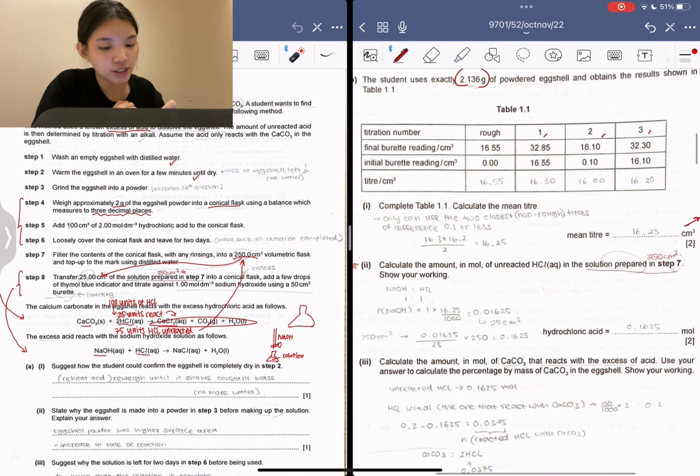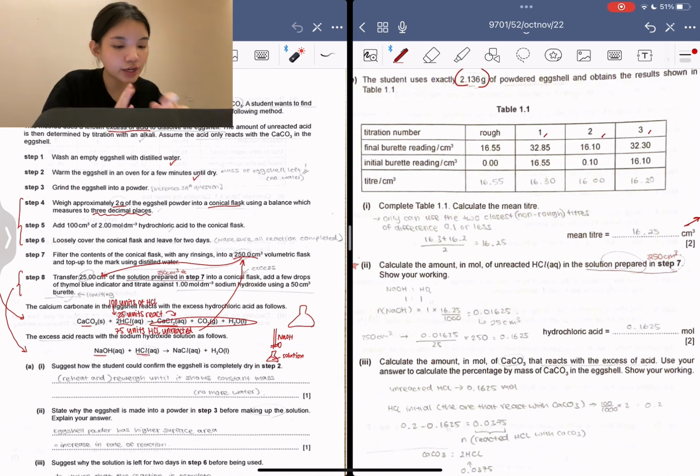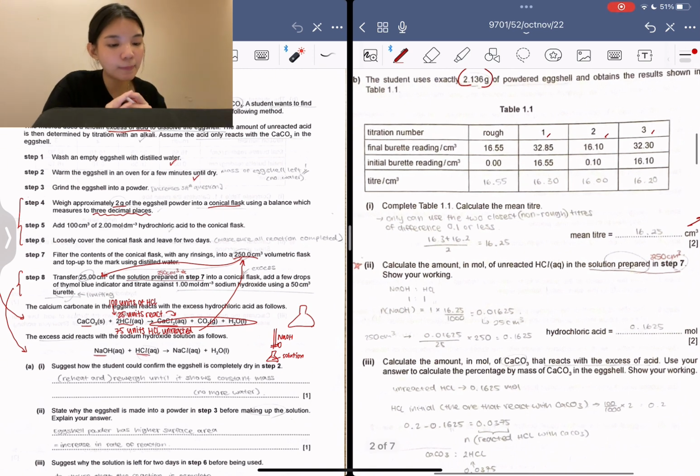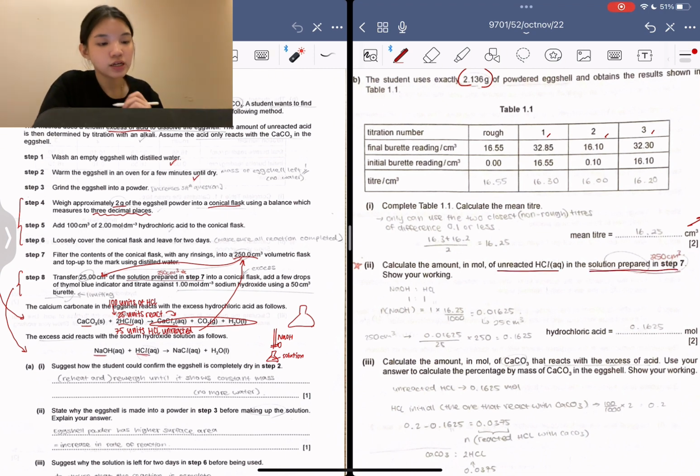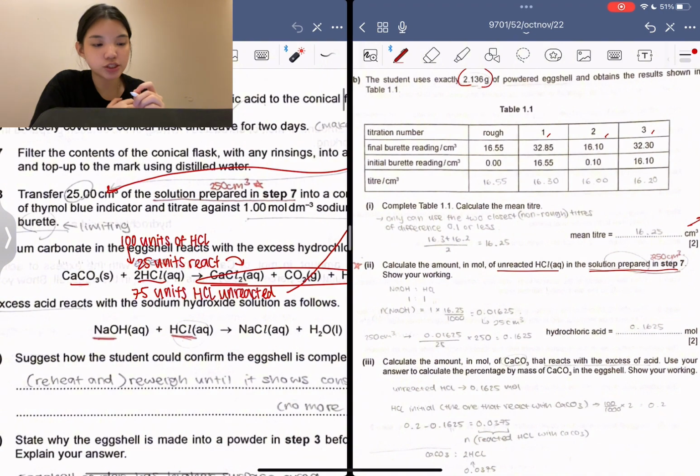Okay, next question, part II. This is a rather tricky one. Calculate the amount in mole of unreacted HCl in the solution prepared in step 7. We know that the unreacted HCl actually reacts with NaOH in the titration reaction. So first, we need to get the mole of the unreacted HCl that reacts with the NaOH.